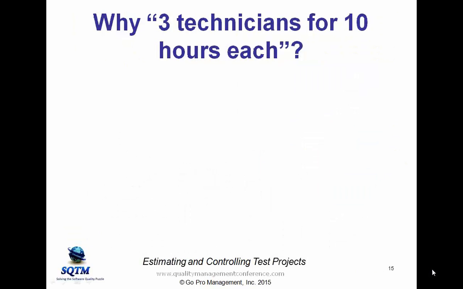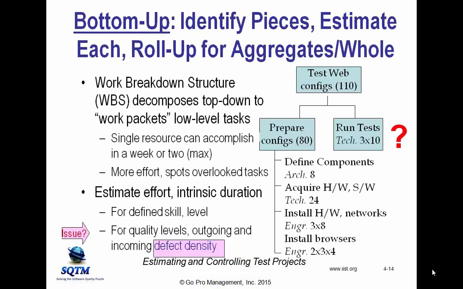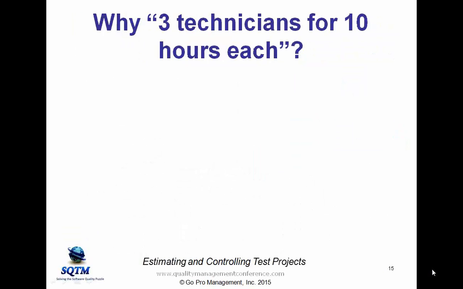Now, if we think back, three technicians, each doing 10 hours, probably working together for 10 hours, total of 30 hours. Well, that estimate ultimately becomes the basis for errors and questions, because it really comes down to what tests are going to be done in those 10 hours.